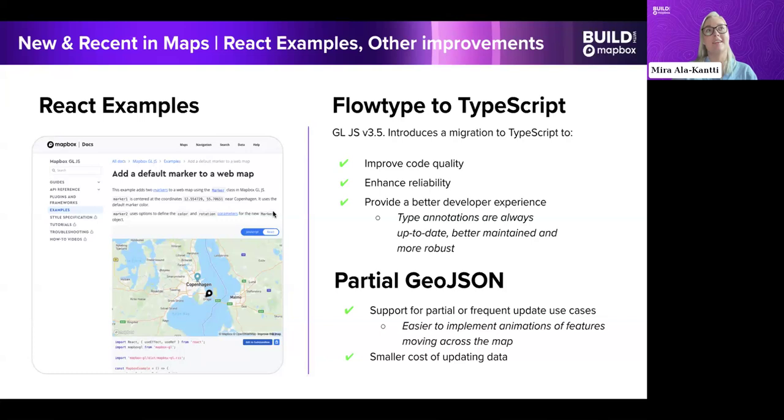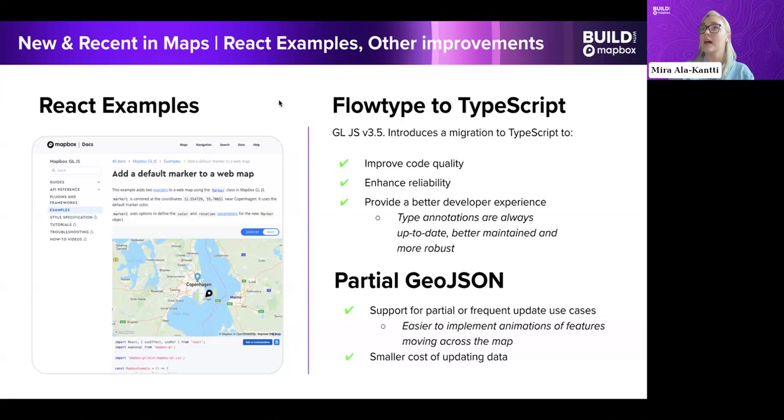You can then naturally move it into your own app when you're ready. This was an addition to GL JS based on a growing number of requests from you, our customers. Of course, we do want to support these popular frameworks that web developers are currently using.